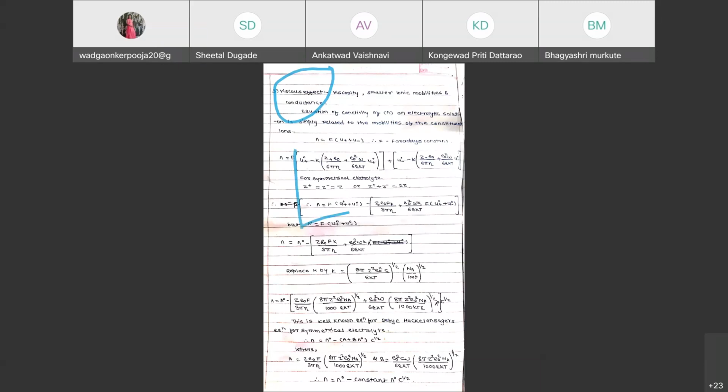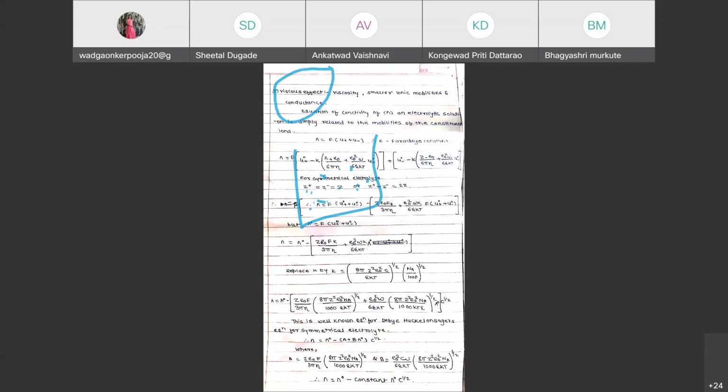What do I mean by that? If you have one electrolyte, which electrolyte are we considering here? Strong electrolyte, right? Strong, not weak.